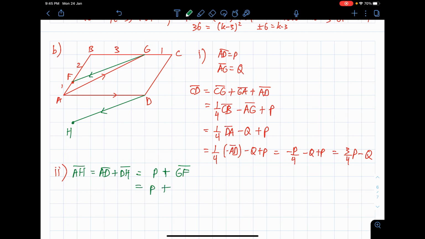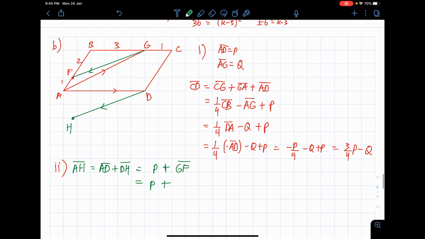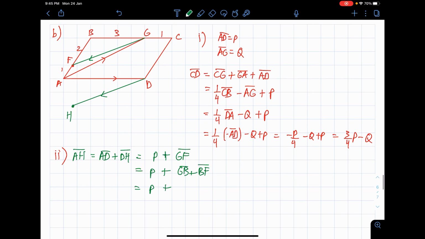So let's try to break down GF. I just take it as GB plus BF. And then GB is 3/4 of CB. This one is similar again like last time. BF is 2/3 of BA.